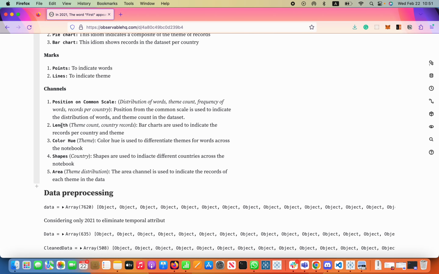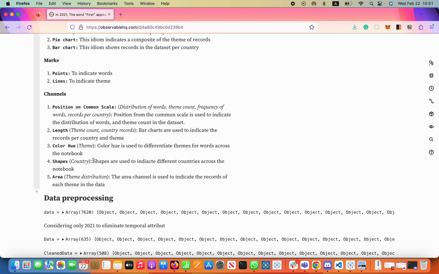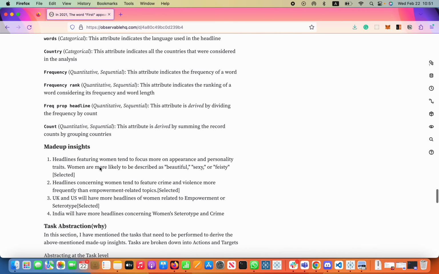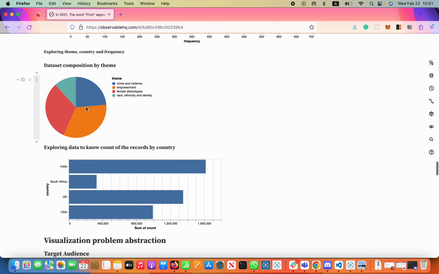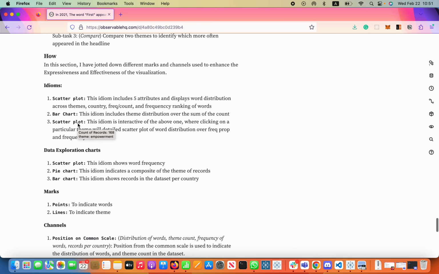Channels like length and color hue are also used: length indicates the most appeared attribute in the data set, and color hue is used to differentiate words. Across this notebook, shapes are used to indicate different countries, and area is used to see which has more composition in the data set.